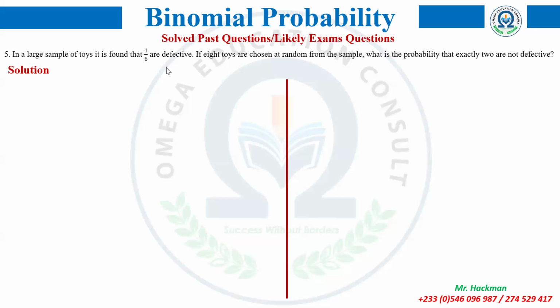With this one, remember I said that with any statement you have, you check which outcome you are going to take as your success and which outcome will be your failure. So look at the outcomes that you are considering. In the first statement, in a large sample of toys, it is found that 1 over 6 are defective.